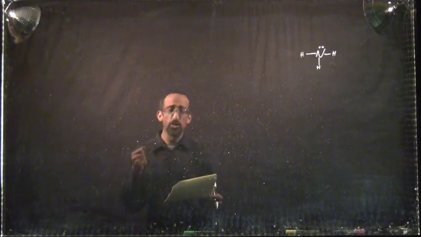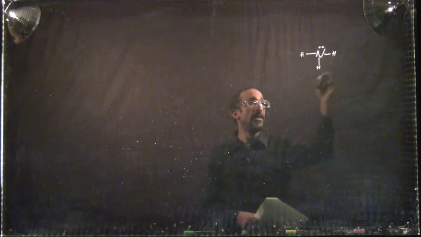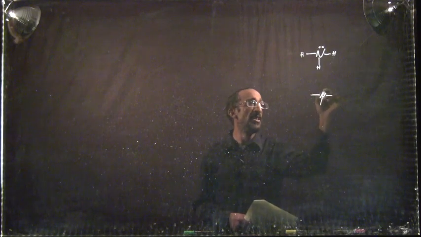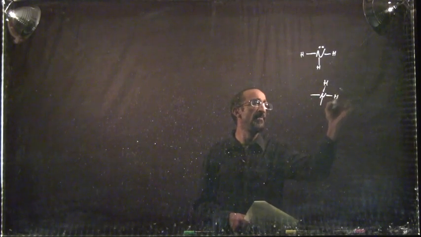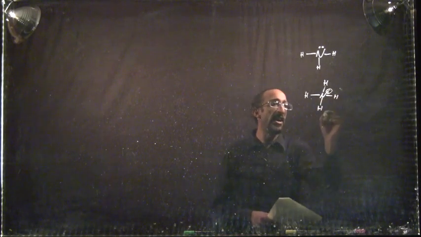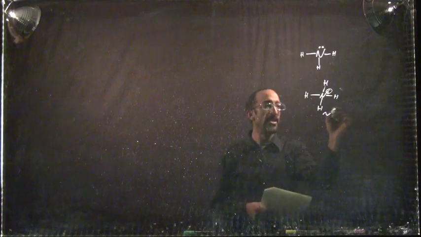And recall that a weak conjugate acid implies a strong base, and a strong conjugate acid implies a weak base, right? So the pKa of ammonia's conjugate acid, so here's ammonia's conjugate acid, right? The pKa of any one of these hydrogens is going to be approximately 9.